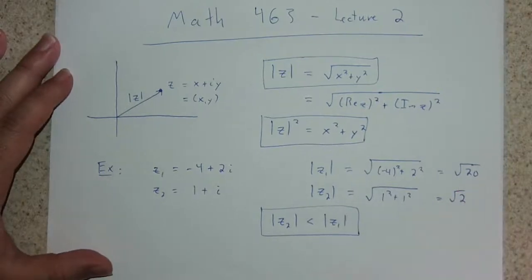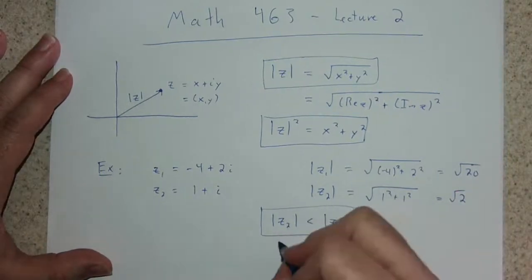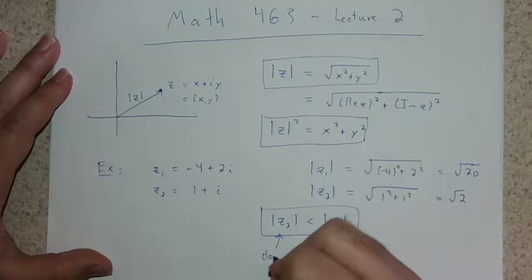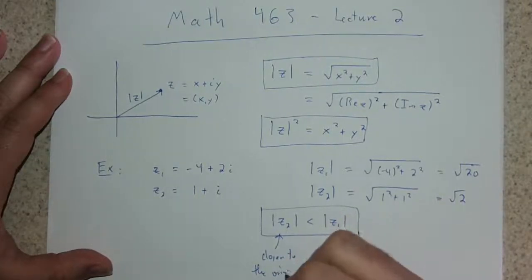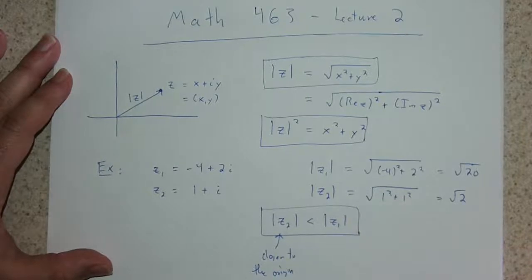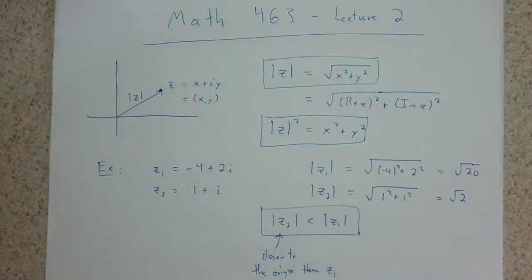Well, it means that z sub 2 is closer to the origin than z sub 1, right? So while it's not exactly an ordering in the sense that we're used to, it does give us some kind of way of quantifying some notion of order here.